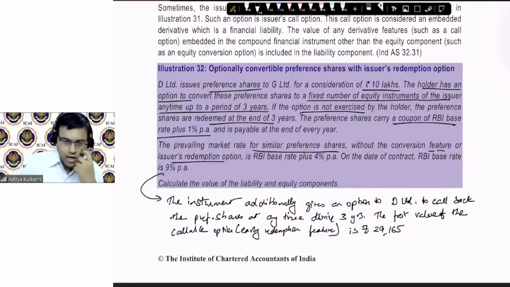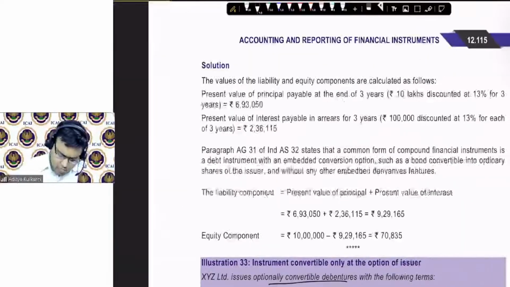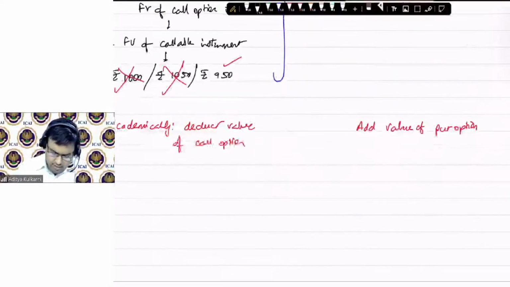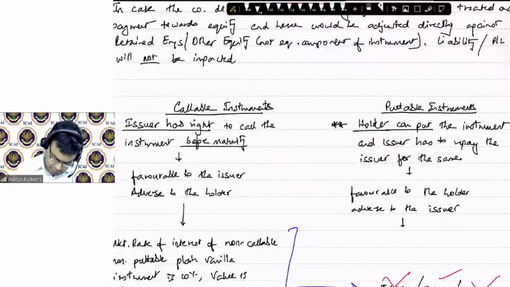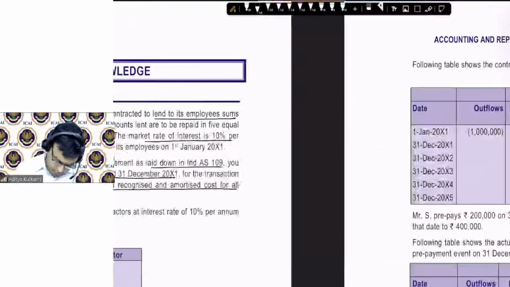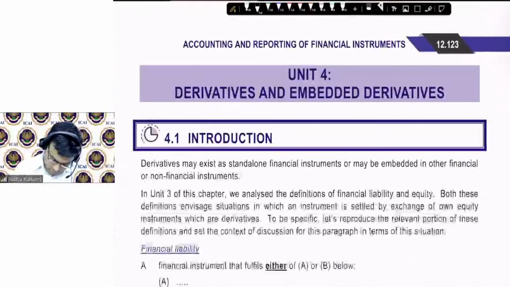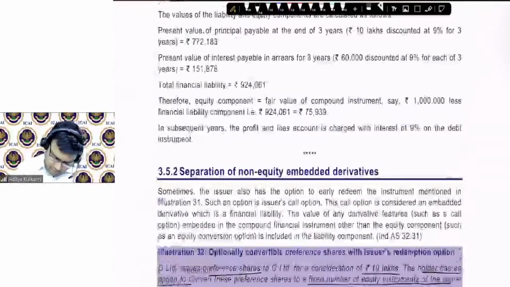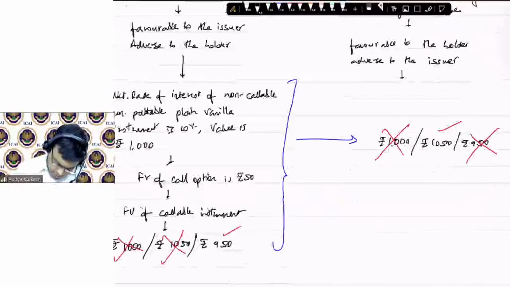Now calculate the value of the liability and the equity components. It's very simple to do, so you will not have any difficulty in this. This is illustration 32, page 12.114.